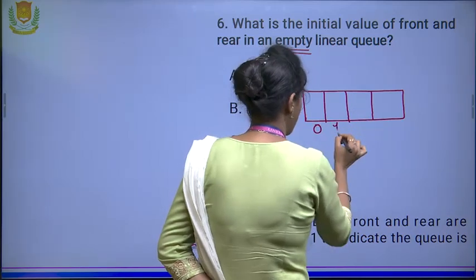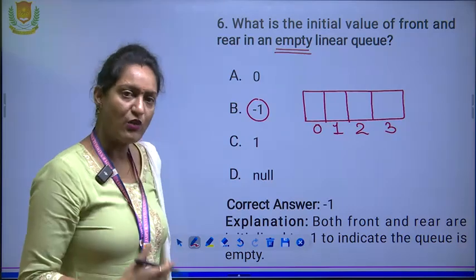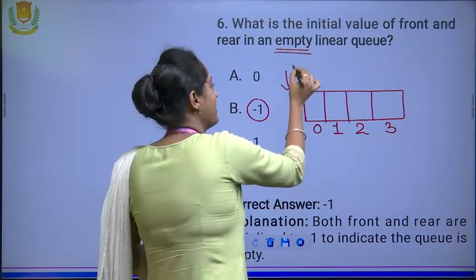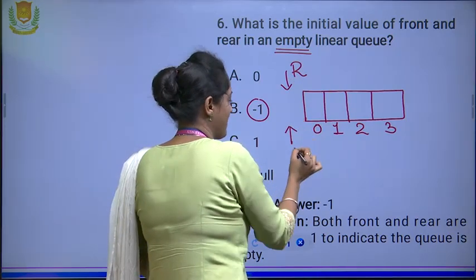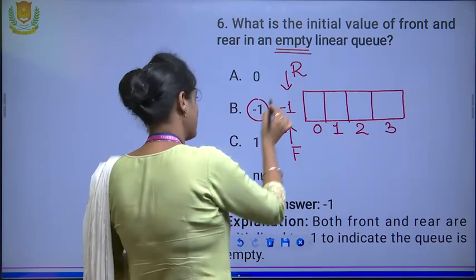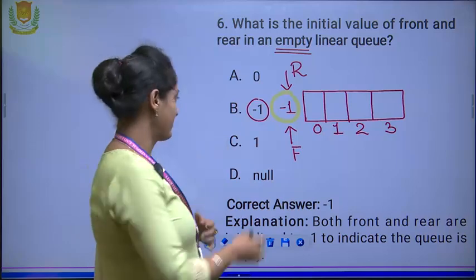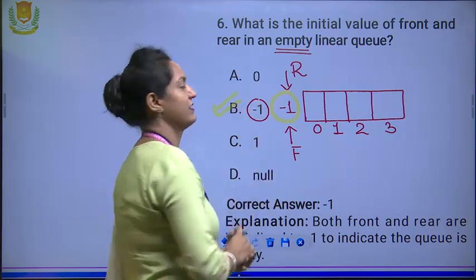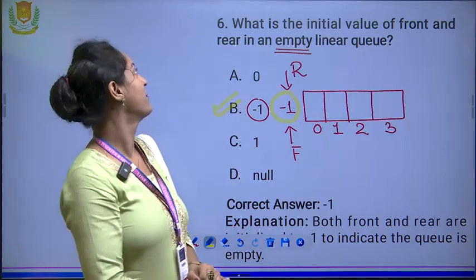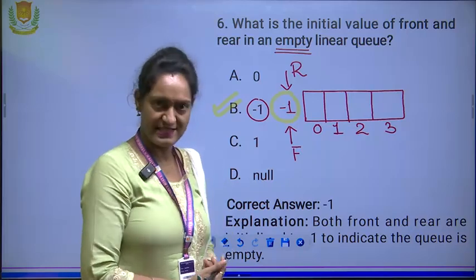So we have 0, 1, 2 and 3, these are my index values, and now because we do not have any element, my rear as well as my front is pointing to the position known as -1, right? So the correct answer is option B. Okay, so this is question number 6. Now we will move ahead to the next question, question number 7.